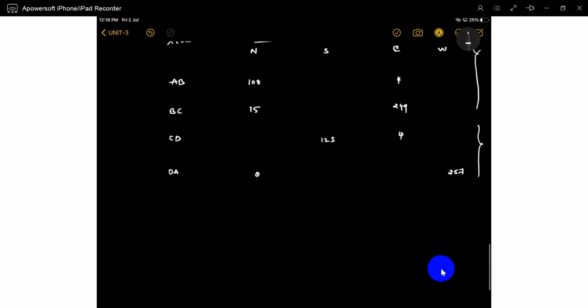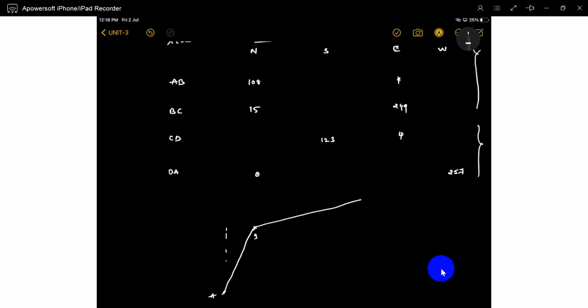What is first AB? So AB is on the north side. AB is north of 108, east of 4, very small. So maybe that's understood. BC is also north and east, so it will go like this.